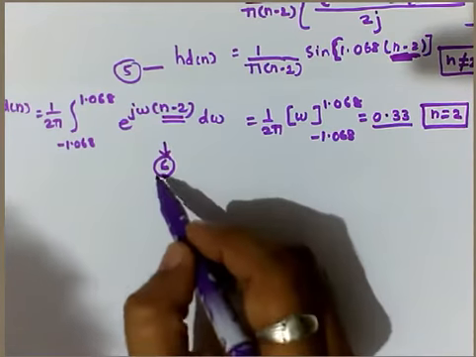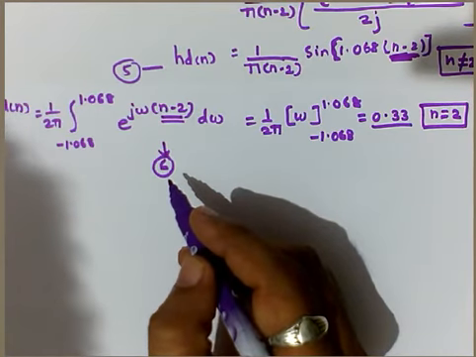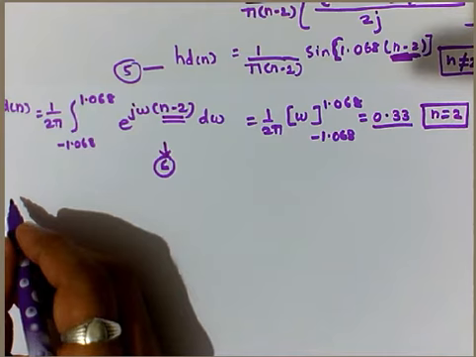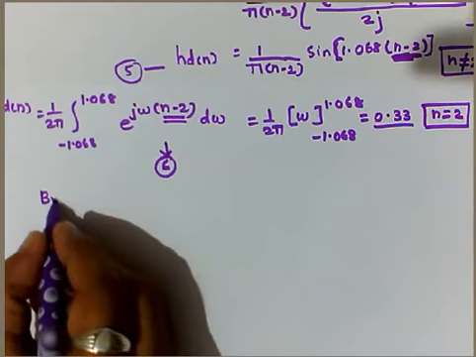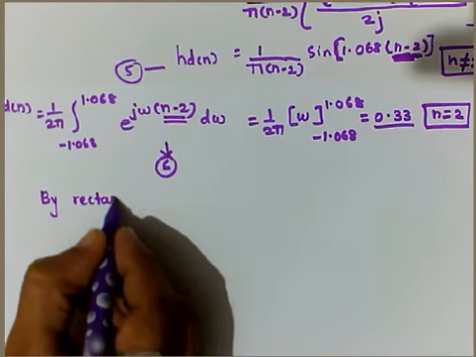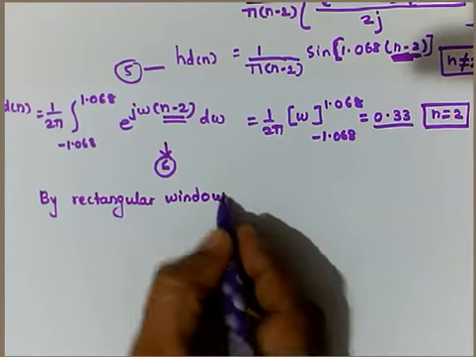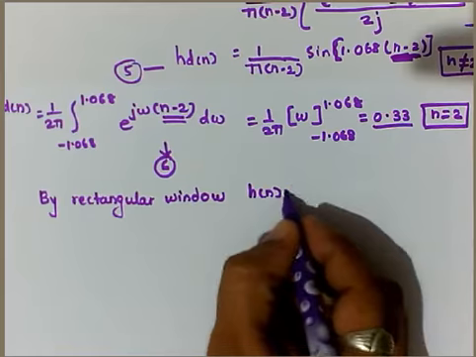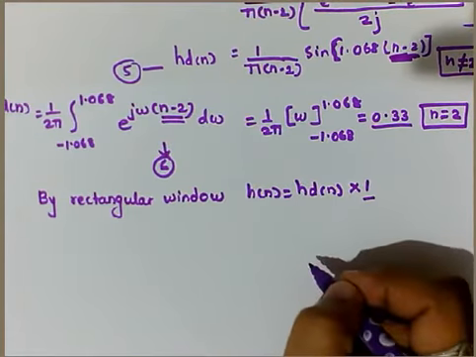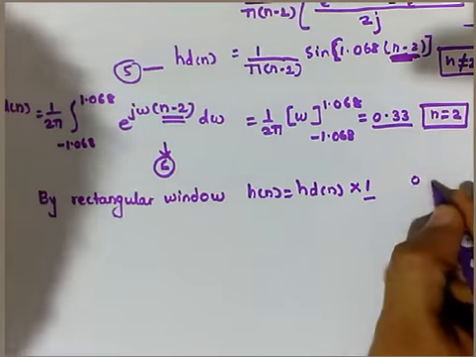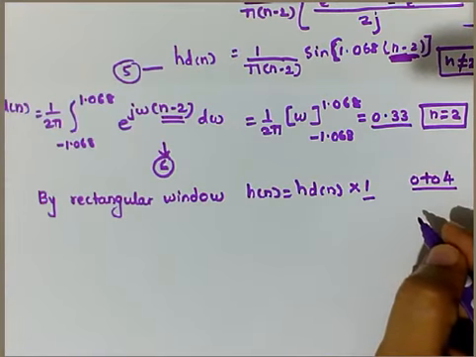From equations 5 and 6 we can summarize hd of n, and once we have hd of n, the same hd of n can be used for calculating h of n, because by application of the rectangular window technique, h of n is equal to hd of n into 1, since the rectangular window function results in value 1 for 0 to 4, because m is given as 5.